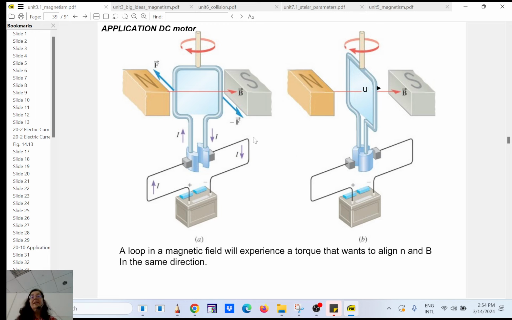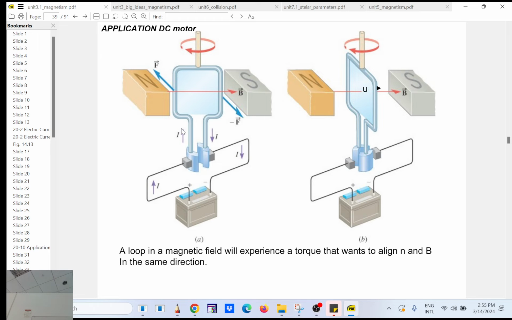So what's happening here? Take your right hand again. Do you see the current is spinning over there? So where is the thumb of the loop? Is it inside the screen or towards you? It's inside the screen, right?